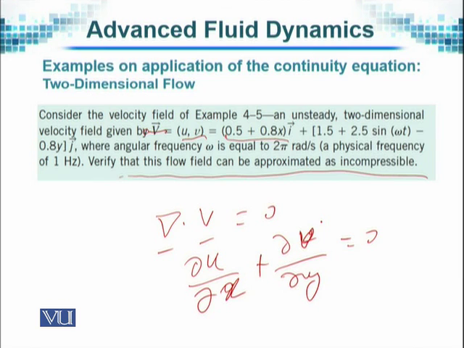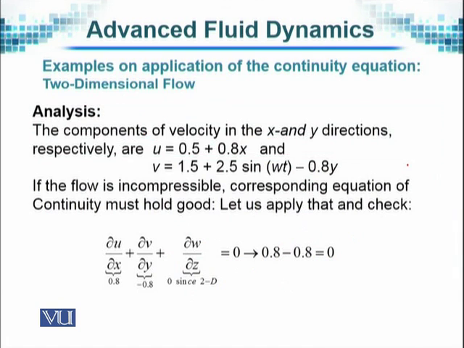That is all we need to see. We take out the u component, put in its value, take out the v component, and substitute it. If the equation is identically satisfied, we have got it that it is approximated. If it does not satisfy, we have a problem.